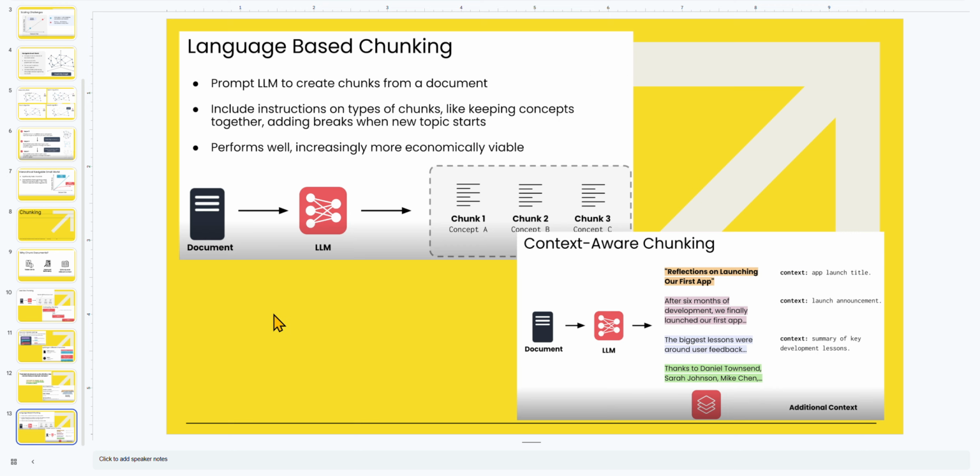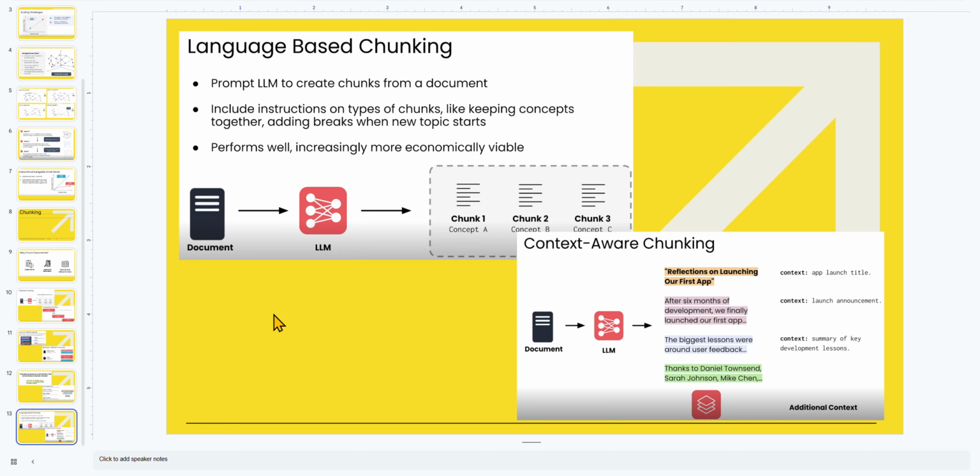Okay, one more idea here is instead of doing a semantic based meaning, you just give the document to an LLM and tell the LLM, boss, read the document and then decide which chunks belong together and which not. And an LLM is also already smart, right? It knows language very well. Language is a very good expertise of an LLM.